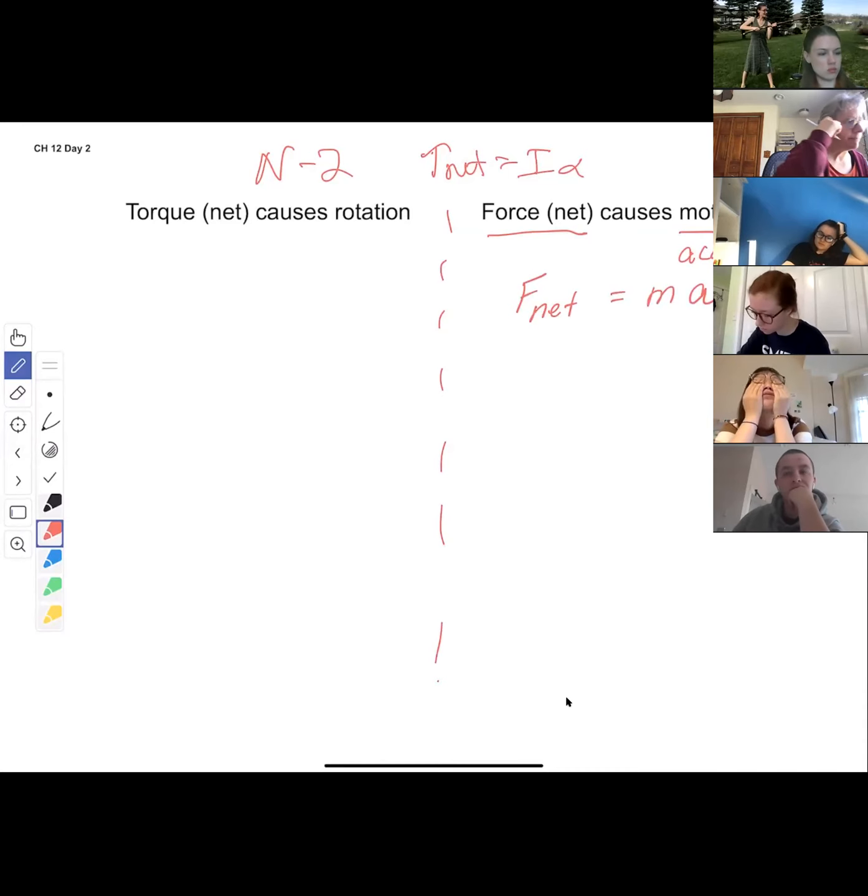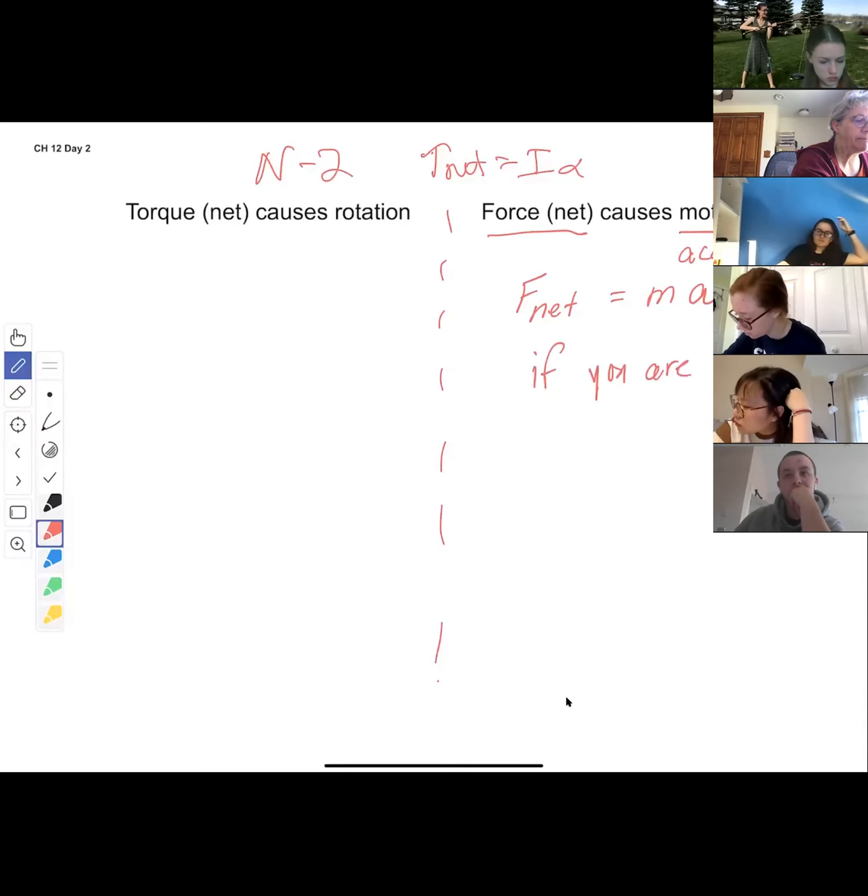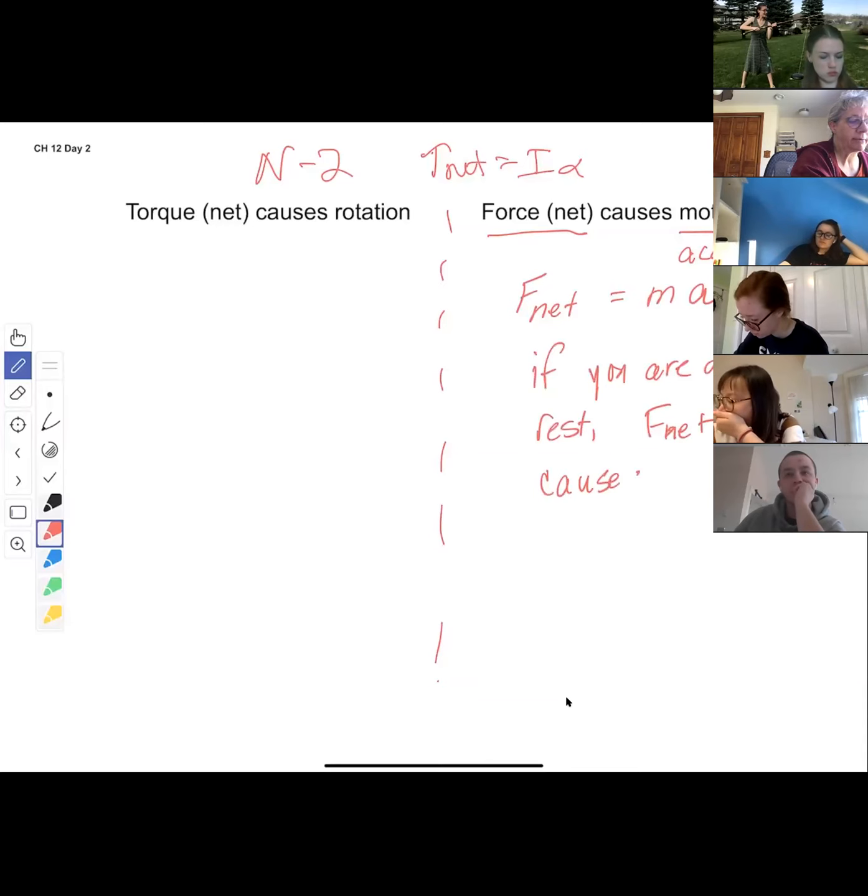But often people say the net force causes motion because, if you are at rest, then a net force causes you to move. And that's where that way of saying it comes from.